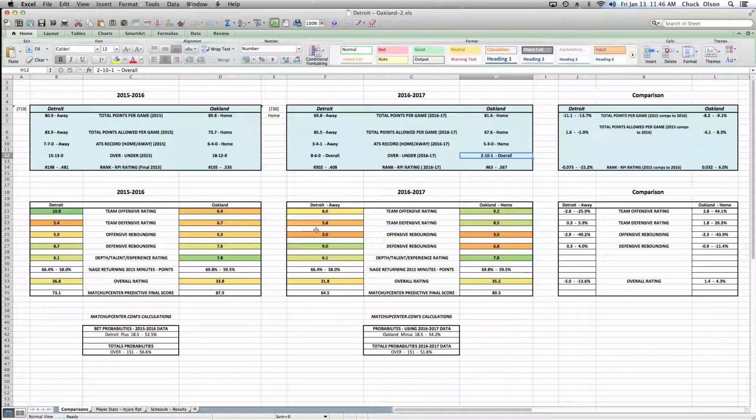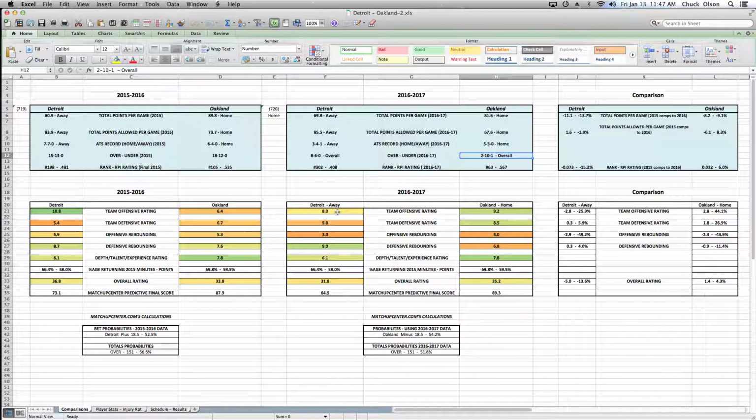Okay, so we've looked at these numbers. Now, this is our internal rating, which we at MatchupCenter.com create based on a number of factors, from offensive efficiency and defensive efficiency per possession, to a plethora of numbers that go into rebounding and offensive ratings.